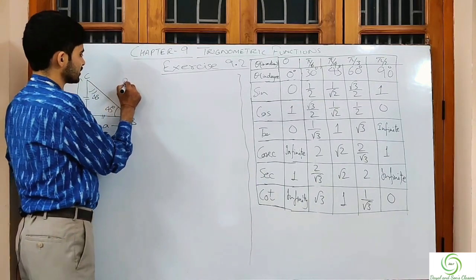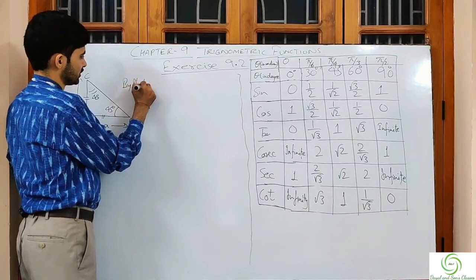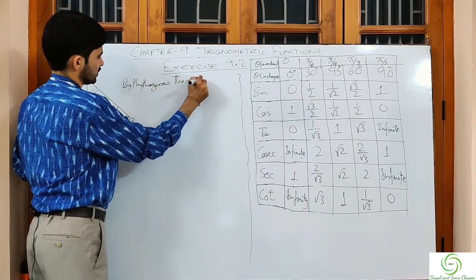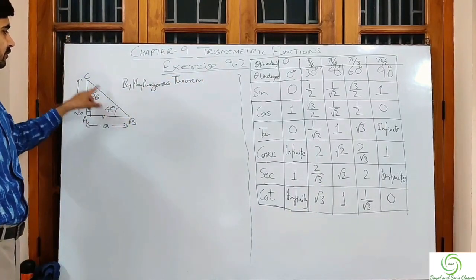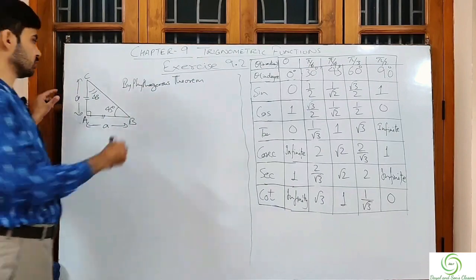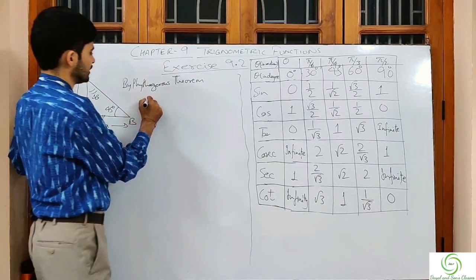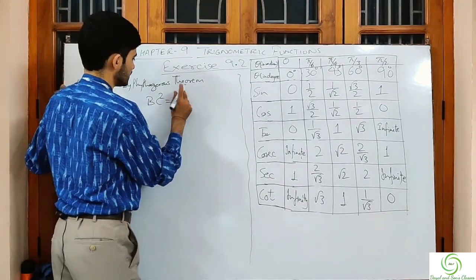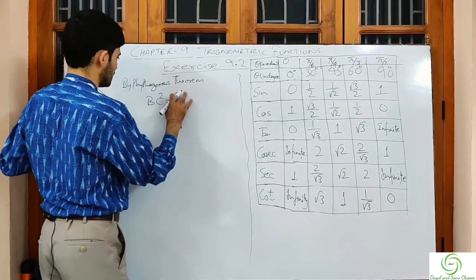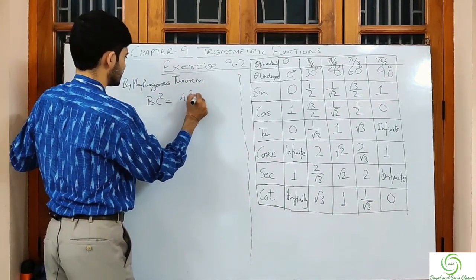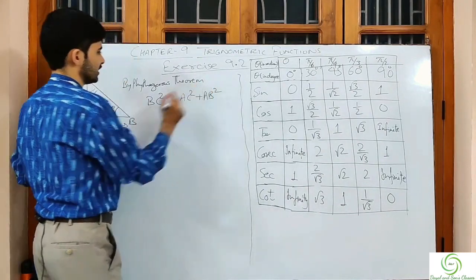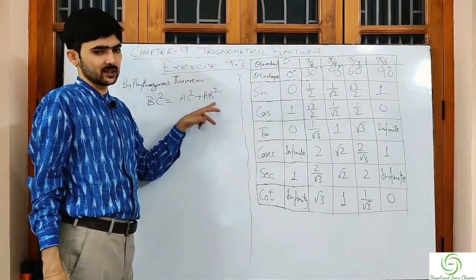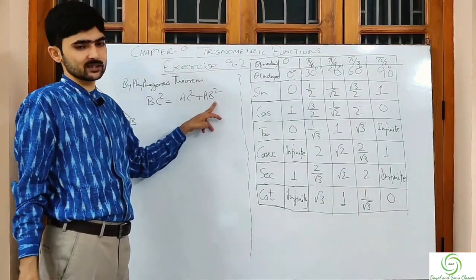Now by Pythagoras theorem, we will try to find out the value of BC. By Pythagoras theorem we know BC is the hypotenuse. BC square will be equal to AC square plus AB square. Clear? BC square is equal to AC square plus AB square, right?